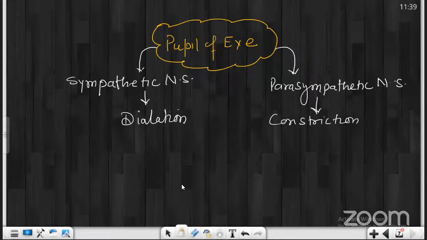And when we enter a dark room, it causes dilation. So it is under the autonomous control of your sympathetic and parasympathetic nervous system. You cannot think about it. It's an autonomous process. Now, the pupil of the eye is done.